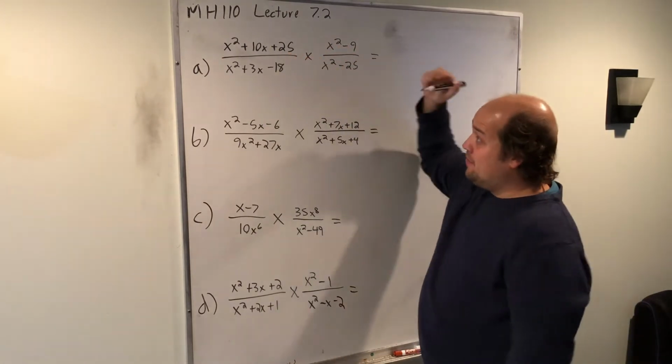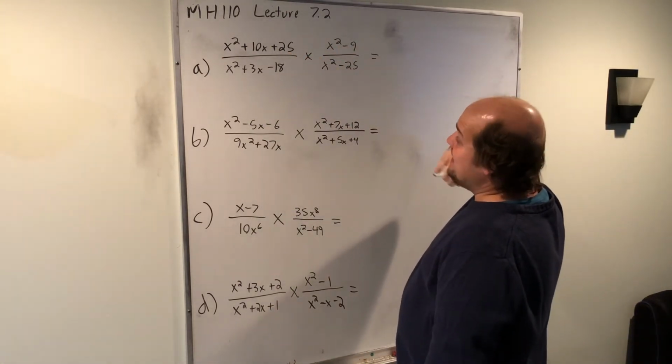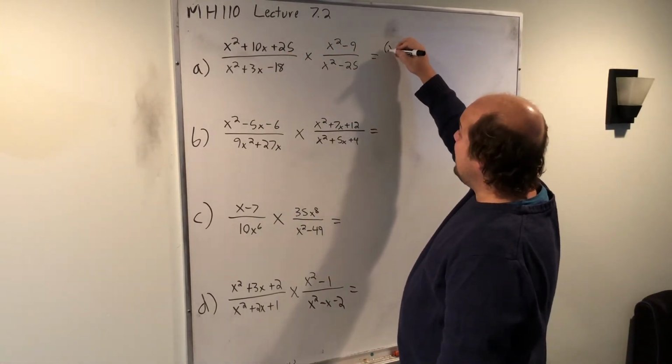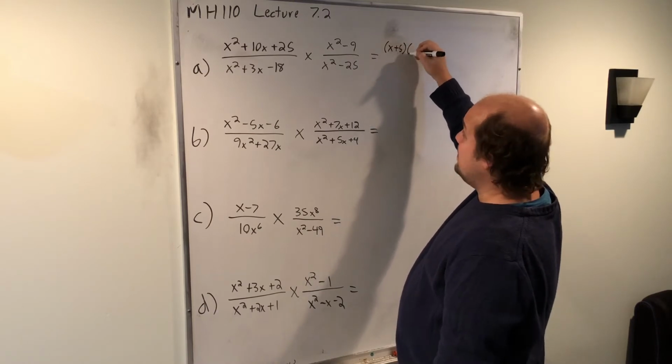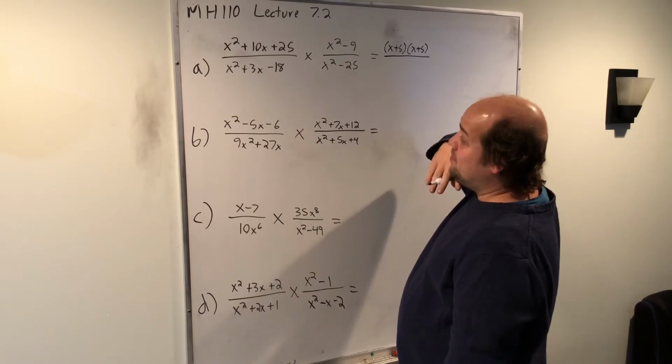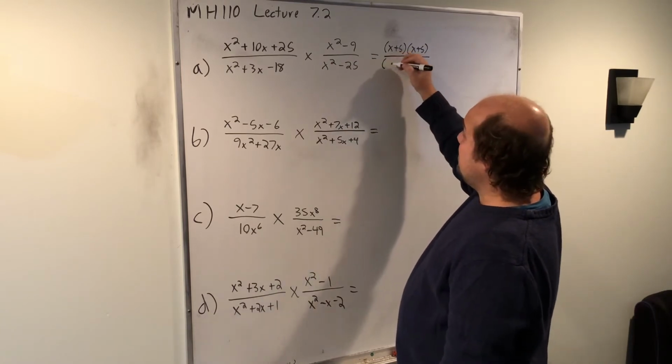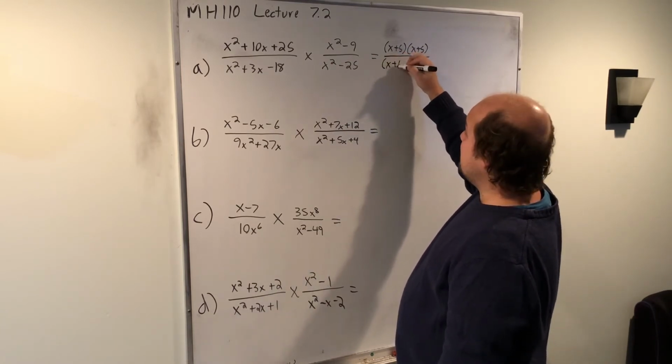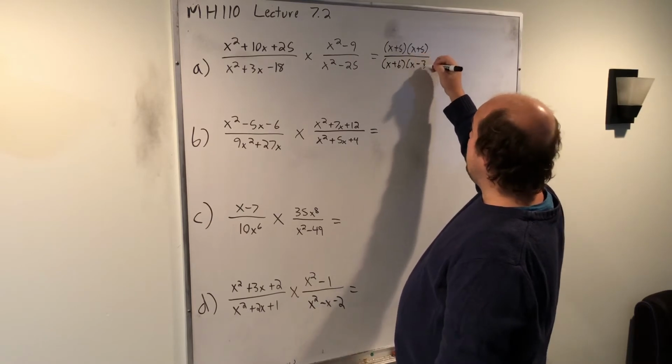On top here, on the left, x squared plus 10x plus 25 factors to x plus 5 times x plus 5. On bottom, x squared plus 3x minus 18 factors to x plus 6, x minus 3.